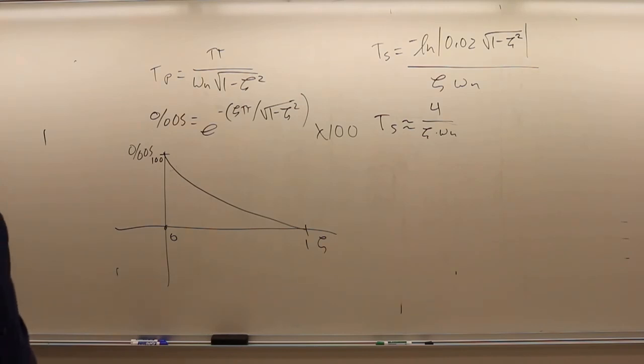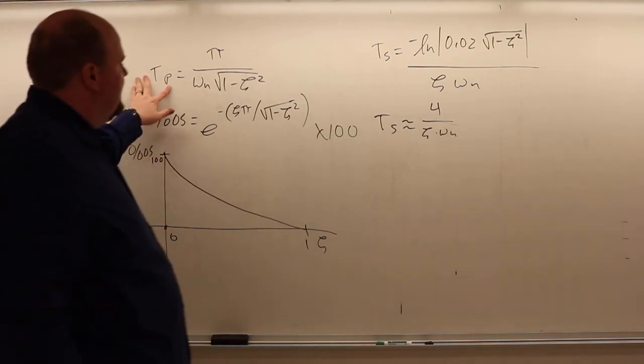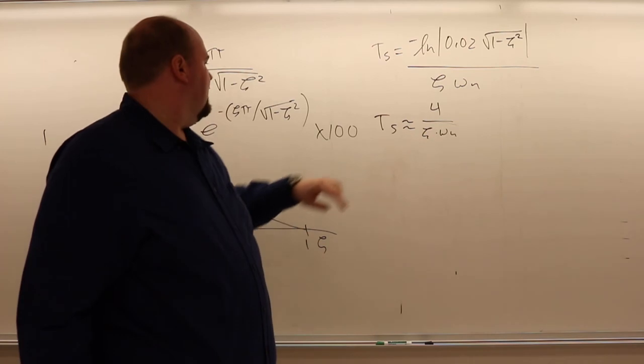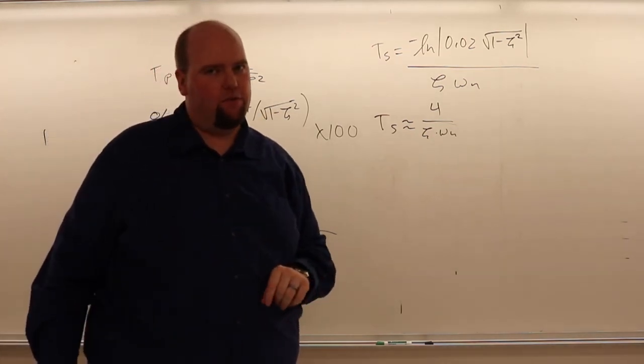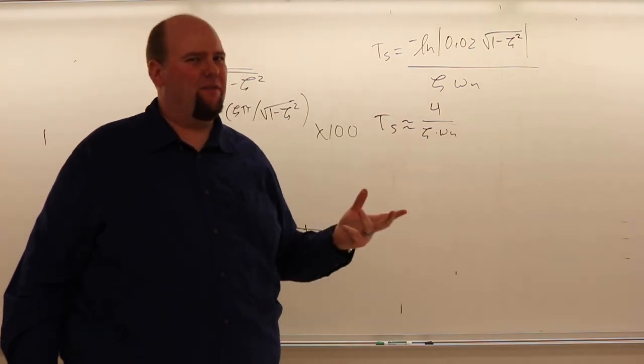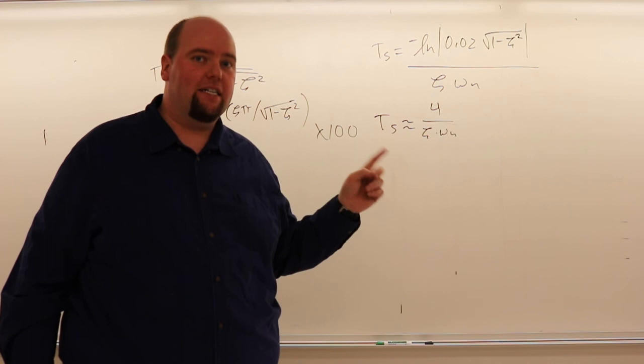So why do we have natural frequency in these expressions? TP and TS both have natural frequency components. Why? We said the shape of the system can be defined fully by the damping ratio. But in this case, we were trying to find a time.